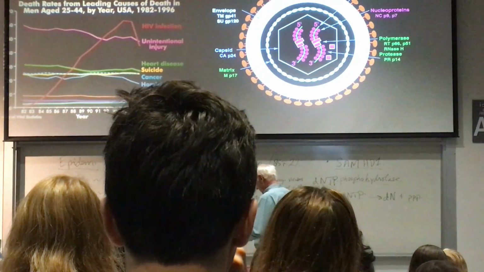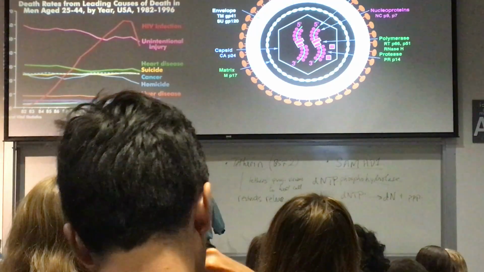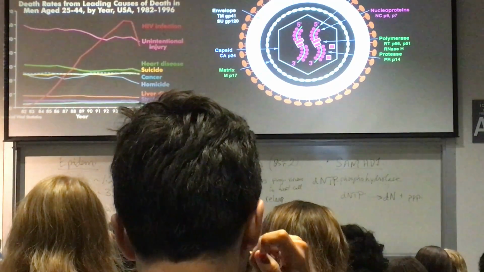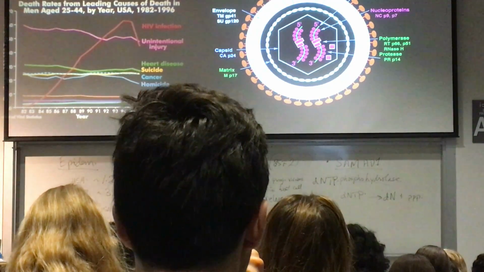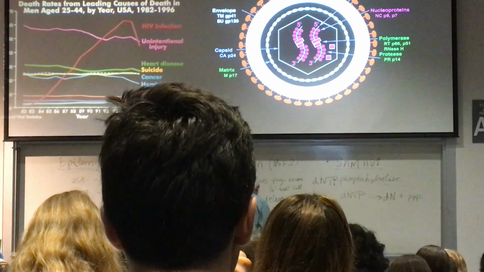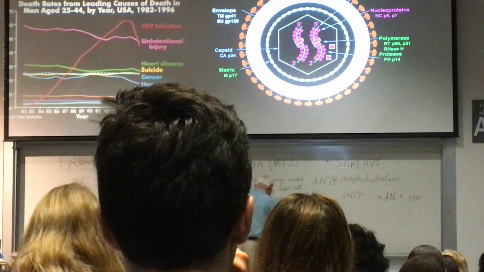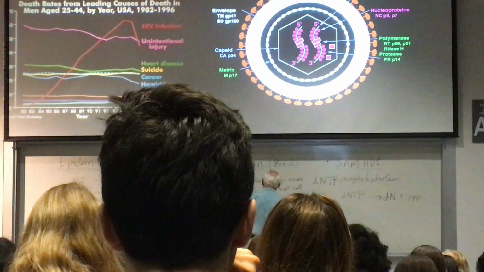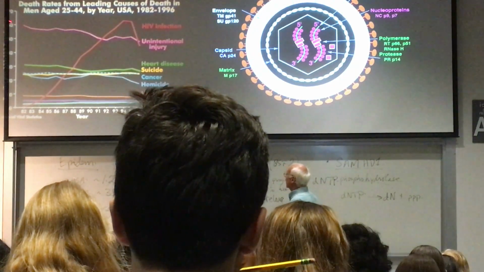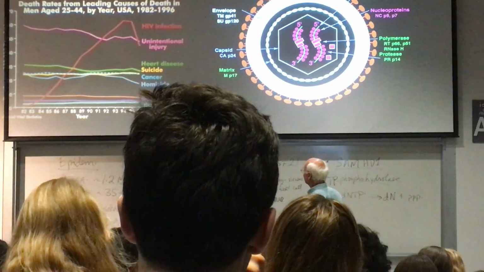The major cause of death is accidents, and the rate from accidents and injuries is in the order of 50 to 60 deaths per 100,000 population in the U.S. And that's remained relatively constant over time.